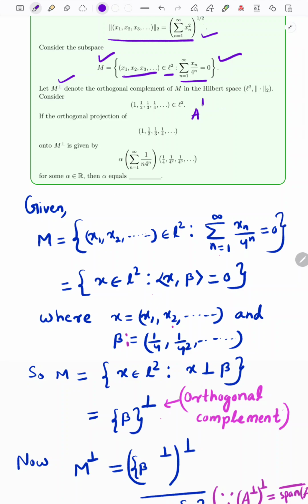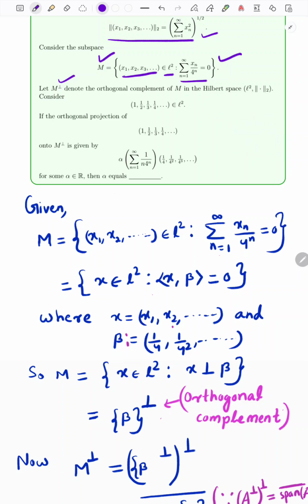If A is a set, then the orthogonal complement is nothing but the collection of all elements x belonging to L2 such that x inner product a is equal to 0 for all a belonging to the set A. This is the definition of the orthogonal complement of a set. If you do not know it, please note it down, it will be used later.